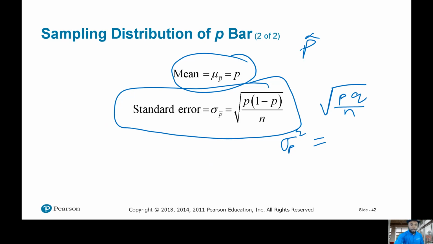I just want to show some similarity to the mean. So let's look at the similarity in the context of the standard deviation. So this is simply equal to the square root of PQ divided by the square root of N, right? Now, what is the square root of PQ?